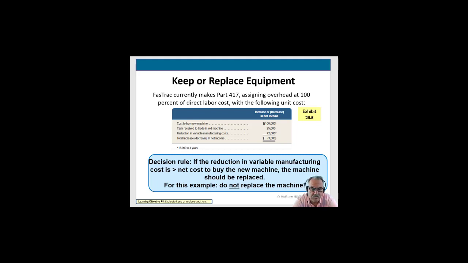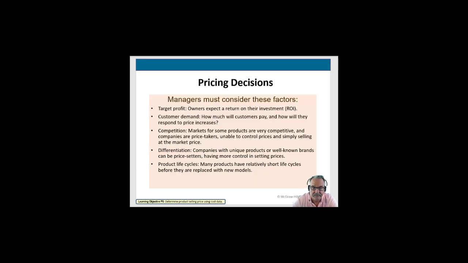Maybe we need to just retrofit it, and what the costs are, and of course the additional revenue or cost savings versus buying a new piece of equipment. We're going to do a lot of those in Chapter 24 because that's typically a longer term decision to keep or replace equipment.